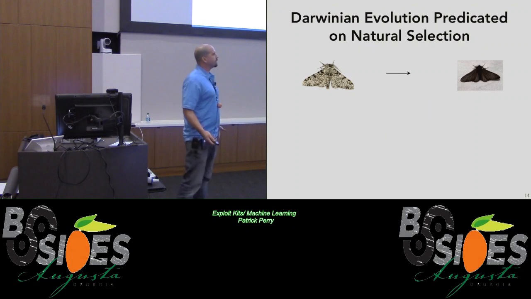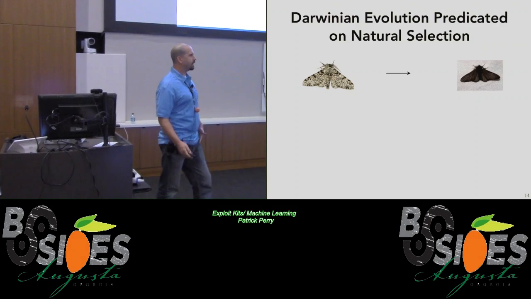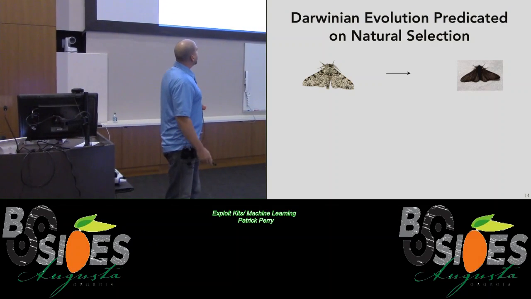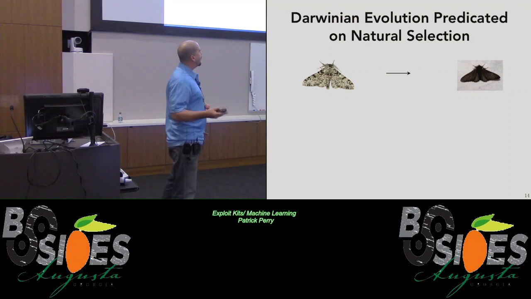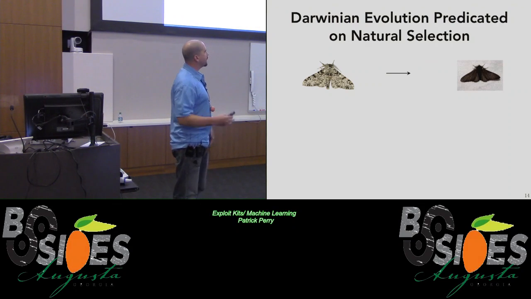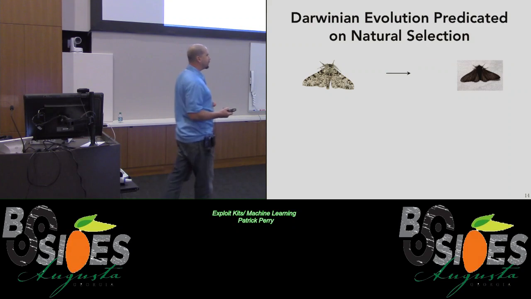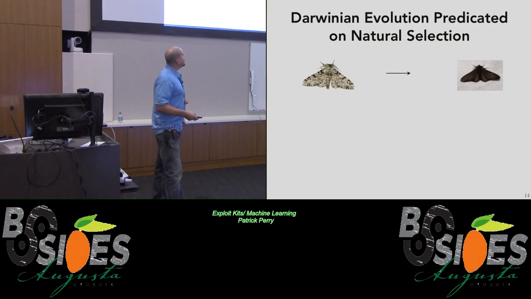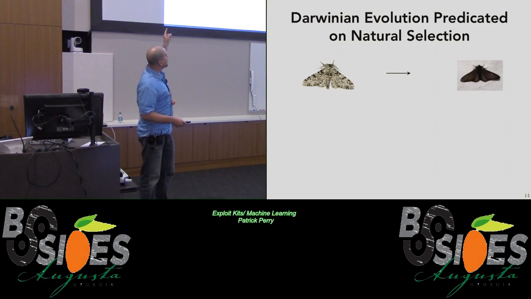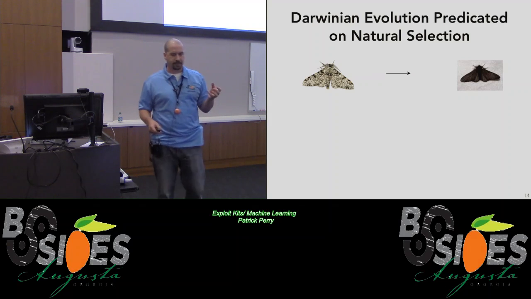This is a really famous example that you'll see a lot. It explains the idea simply and elegantly. This is the peppered moth, which had natural selection occur in the Industrial Revolution in England, so late 1800s. The peppered moth started as it was on the left, white and black speckled.